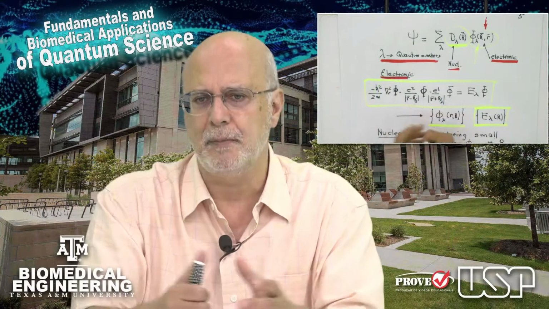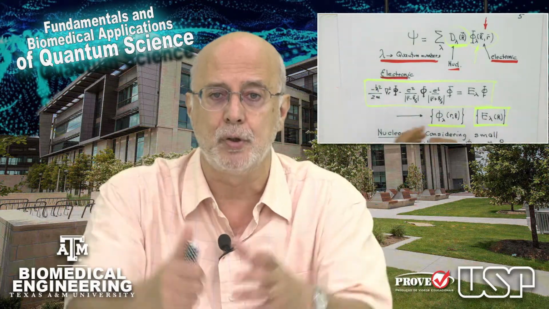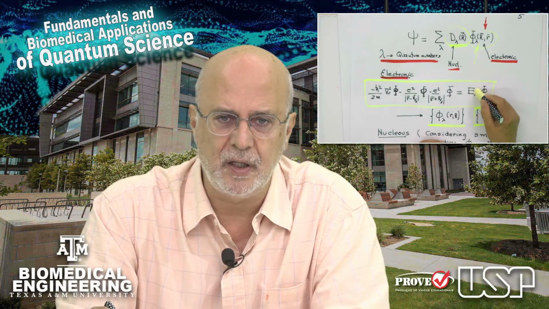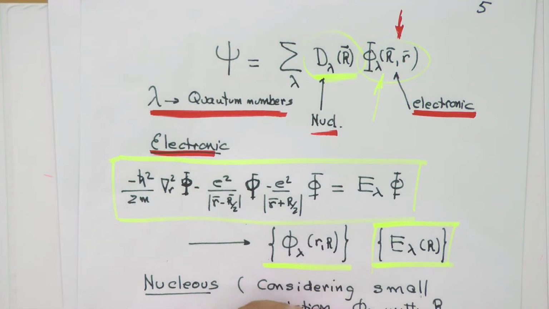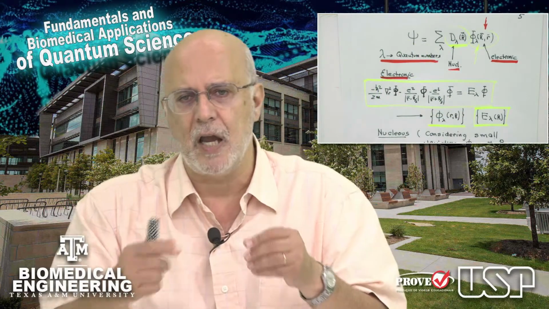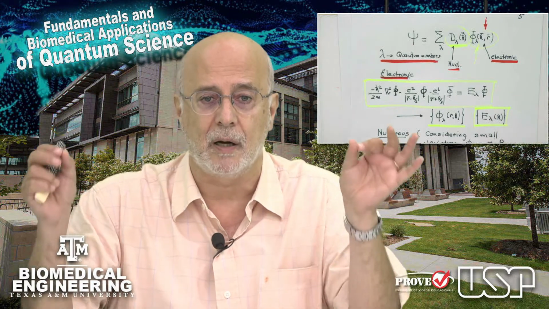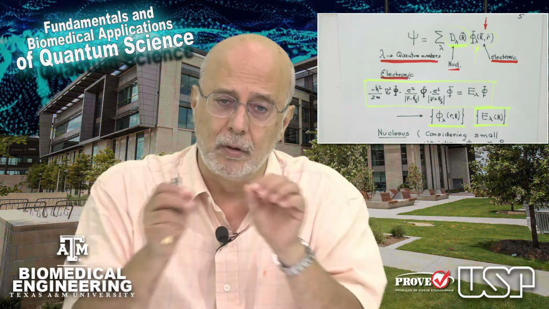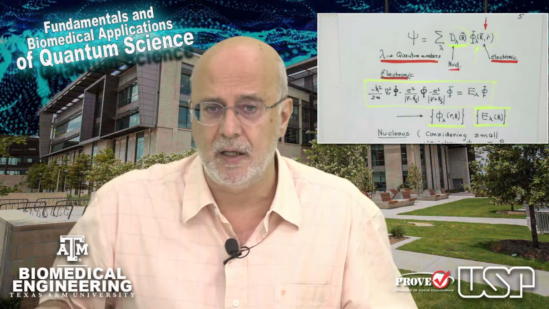There are many possible waves, many possible distributions of the charge. Then we have different E lambdas. And those E lambdas can have many different variations with the nuclear position. Depending on the nucleus position, different E.